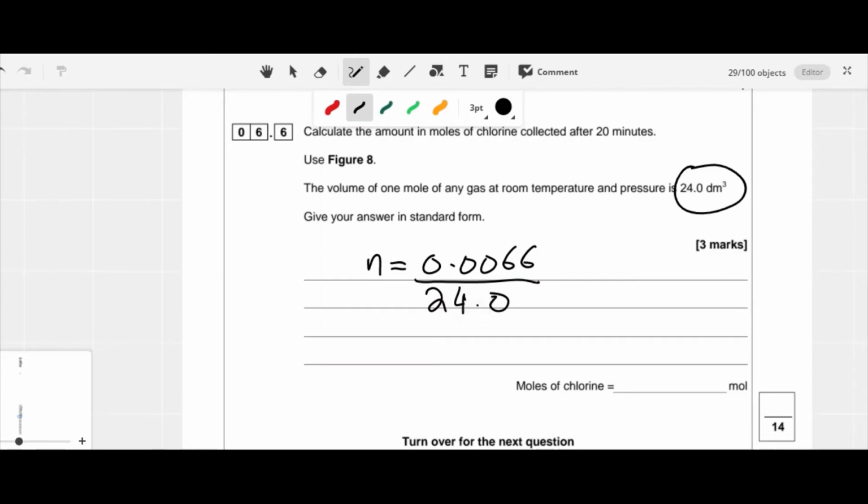Give your answer in standard form. When we calculate it, that will equal 2.75 times 10 to the power negative 4. That is the answer.